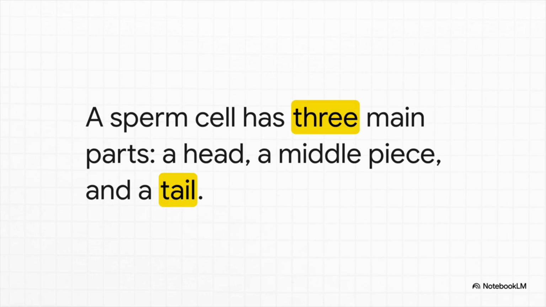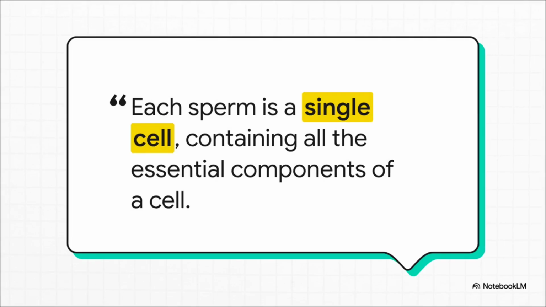It's got a middle piece, which is basically a little engine packed with energy. And it's got a long tail that whips back and forth to propel it forward. And this is a really crucial point. Even though it looks like just a head and a tail, you have to remember, each and every sperm is a complete single cell. It has all the essential machinery it needs to carry out its one and only job.